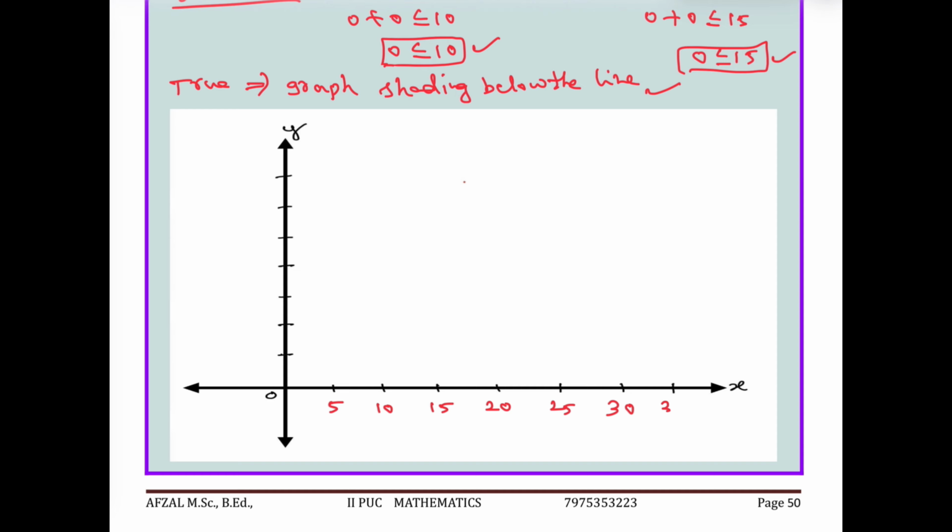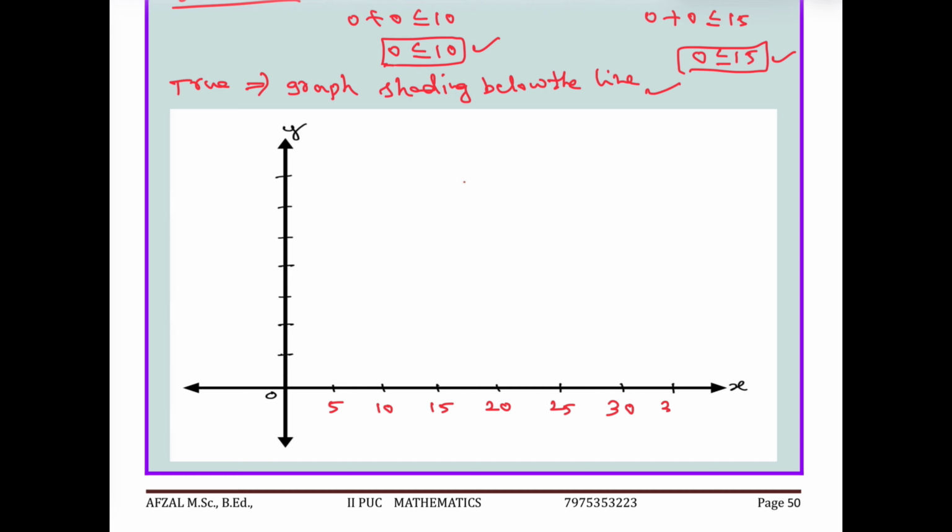There are 2 bags, bag 1 and bag 2. Probability of B1, that is bag 1, is 1 by 2. And probability of bag 2 is also 1 by 2. Then the question is the probability of the ball drawn from bag 2, given that a red ball was drawn.